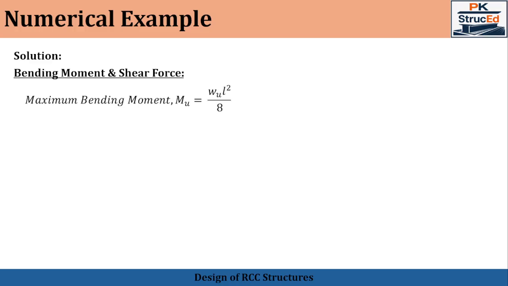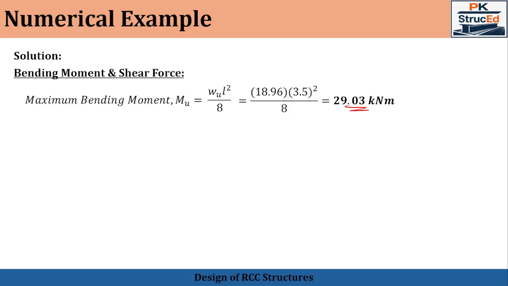Now, moving on with the bending moment and the shear force calculation. As this slab is resting on simply supported ends, the maximum bending moment will be calculated using the relation W L square by 8. Here W is 18.96 and the effective span is 3.5 meter. We get the maximum bending moment as 29.03 kilonewton meter.